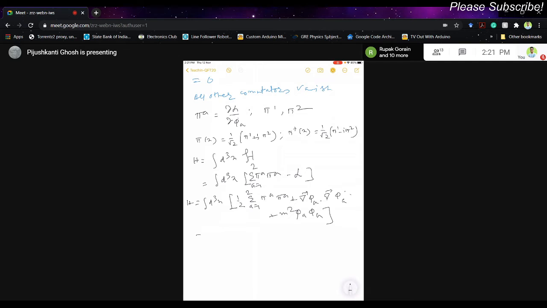I have already defined capital Pi, so write it in terms of pi and pi dagger. Then you find that this is the expression pi dagger pi, phi dagger grad phi. I am writing complex conjugate, because it's a single scalar.